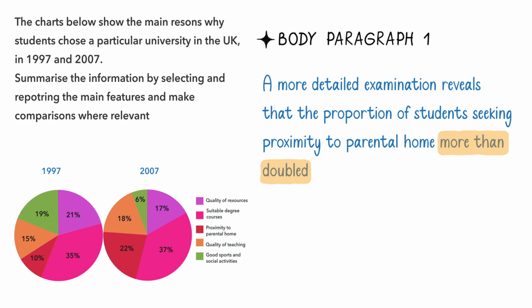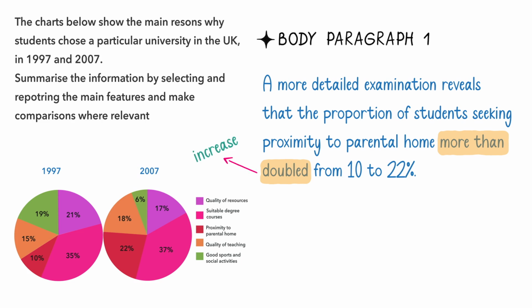Because when we say doubled, it means it increased from 10 persons to 20 persons. But when it is more than doubling, you should write more than doubled. So we should write to parental home more than doubled from 10 to 22 persons, right?